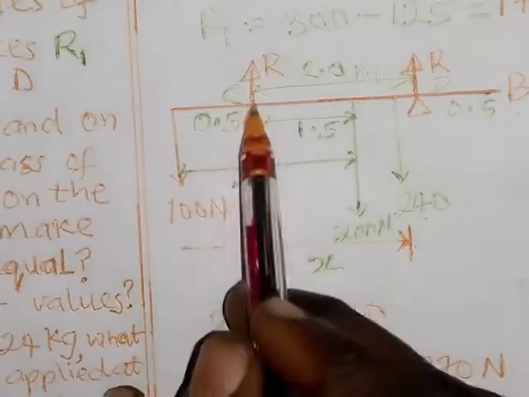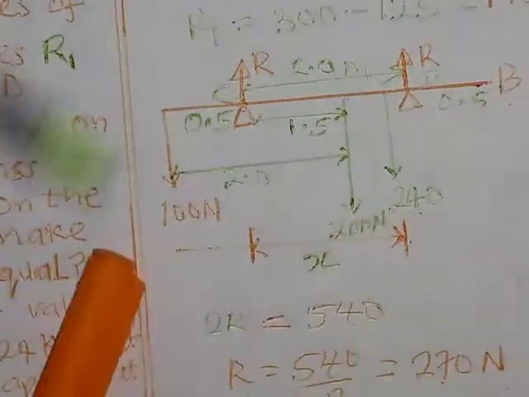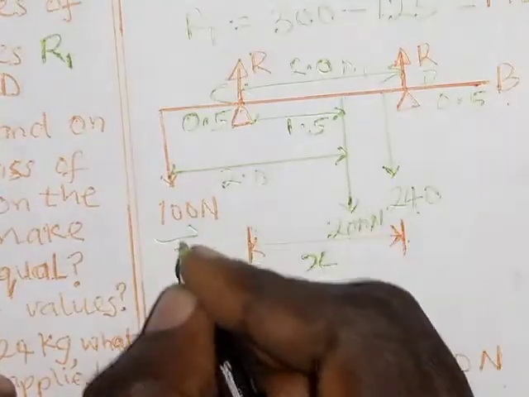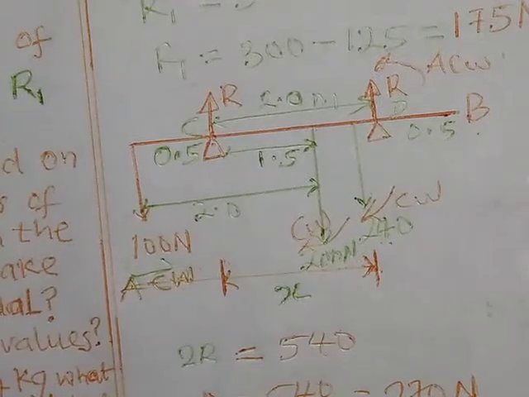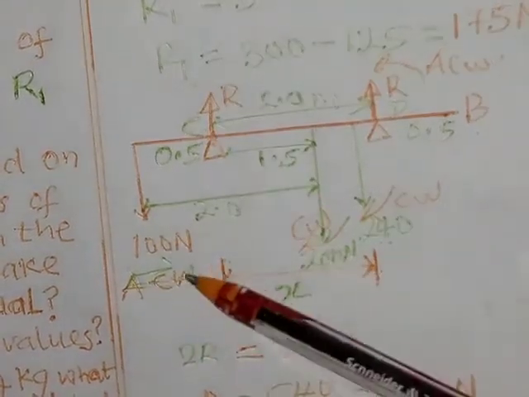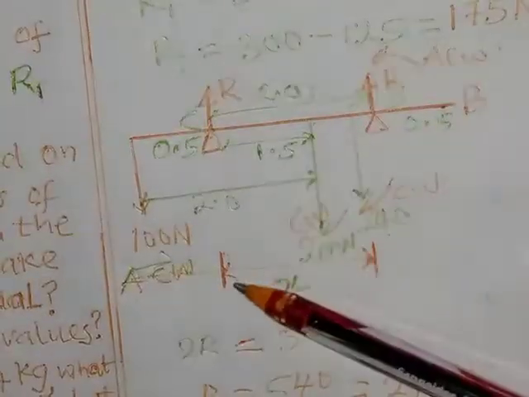So if this is pivoted, this is going to rotate in the anti-clockwise direction. So I'm going to pause this and take all the moments. So I have taken the direction of the moment. This is anti-clockwise in this direction. This is in this direction about this pivot.